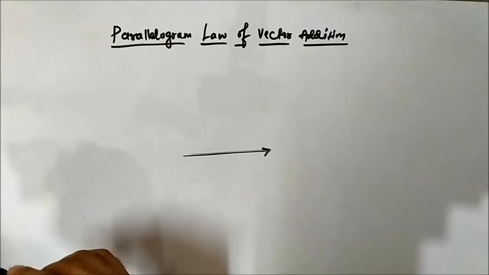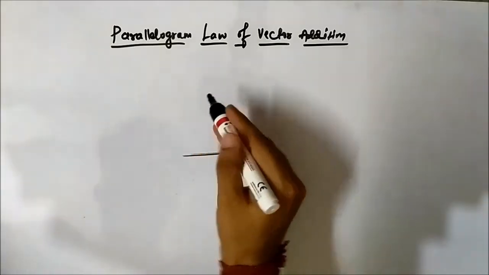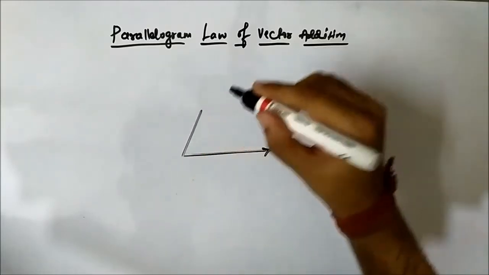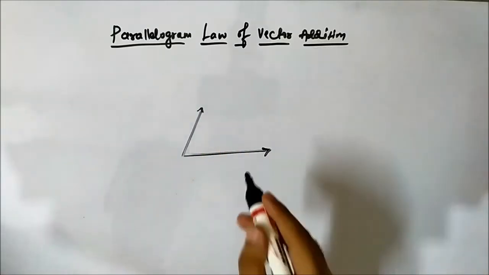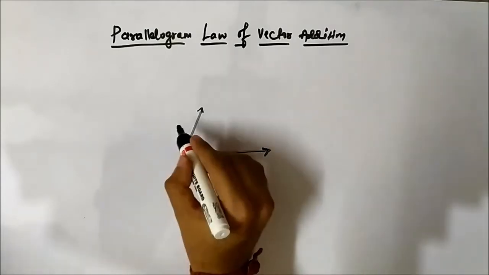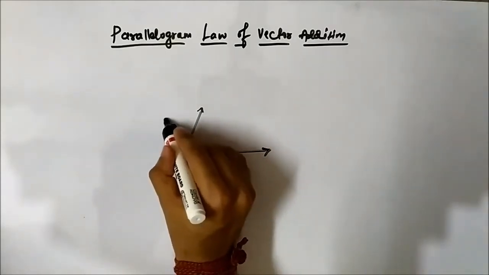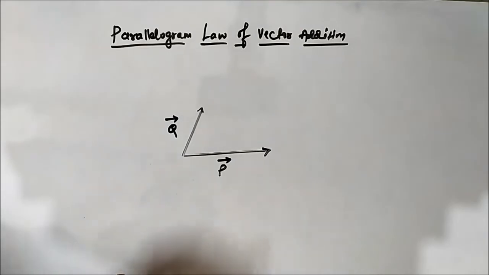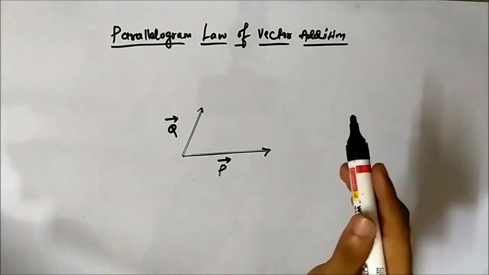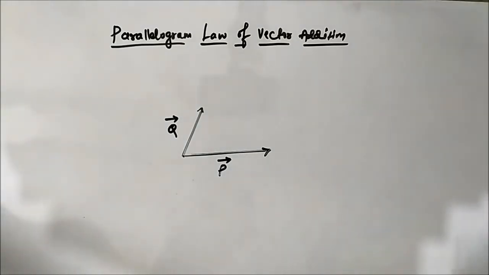This is one and this is the other. Let's call it P vector and this Q vector. Now let us draw a parallelogram out of it.